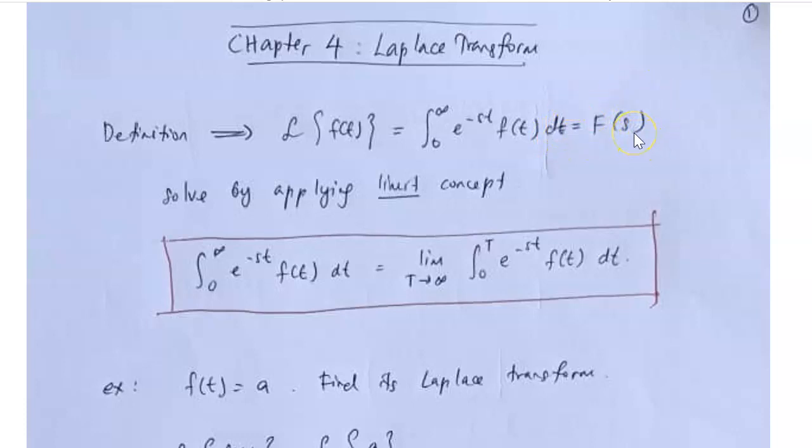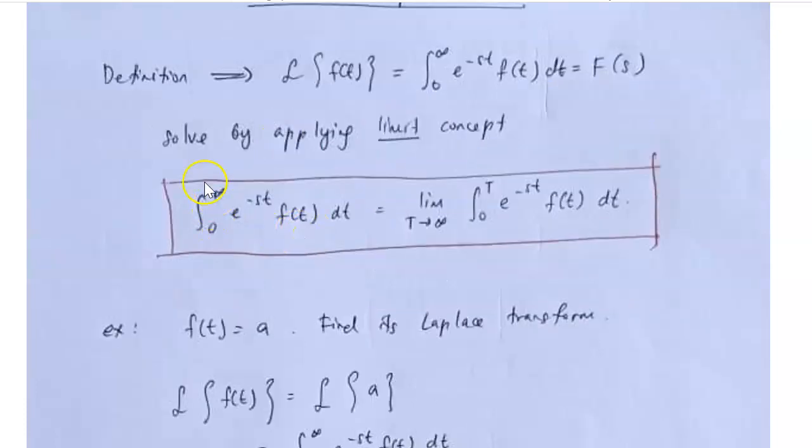F(s) ni function setelah dilaplacekan, then we write it as F(s). Then we solve this one by applying the limit concept, which is kamiran 0 hingga infinity e^(-st) f(t) dt will be equal to limit t to infinity, then the integration will be from 0 until t e^(-st) f(t) dt.